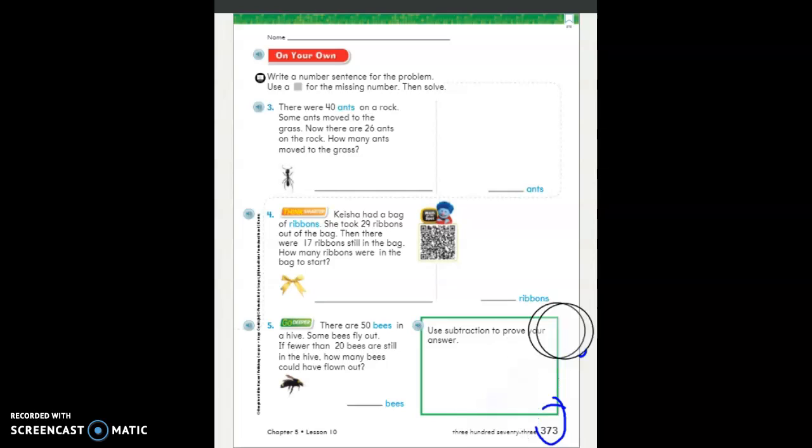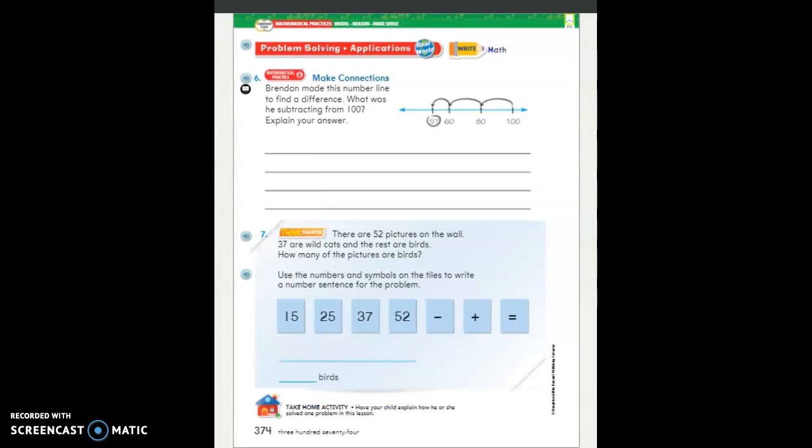All right. We are going to try and go on to this next page. You're going to go to page 374. So let me flip to page 374. Okay? 374, we're going to look at number 6.